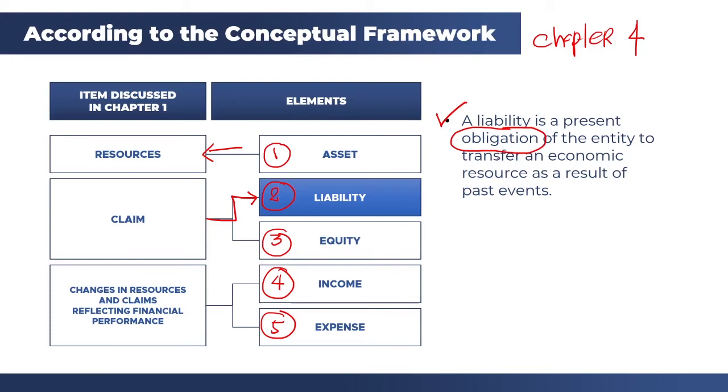Number 2, the obligation must be to transfer an economic resource. And number 3, it should be a result of past events. Let's look at these 3 in detail.